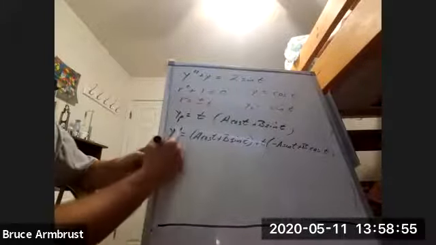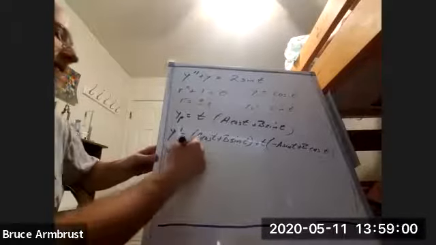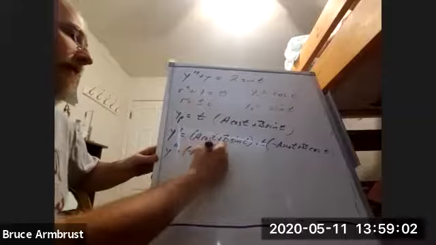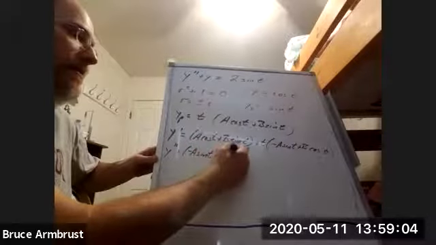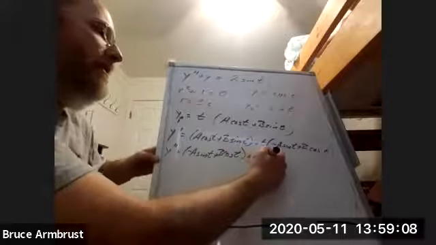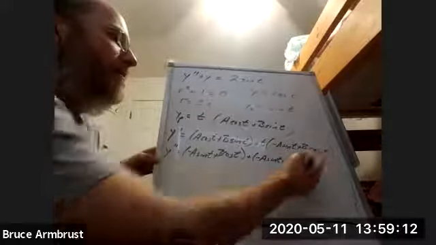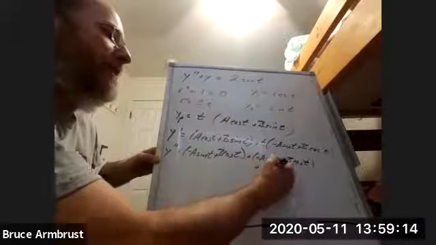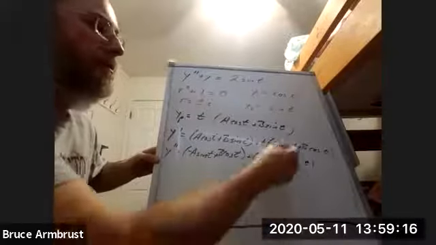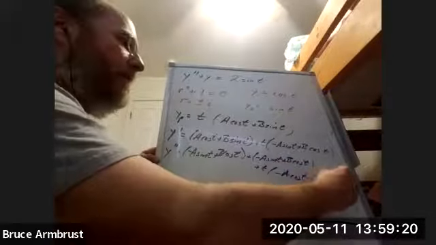And then y double prime, let's go do this again. Well, it's going to give us minus A sine plus B cosine. This piece is going to give us a minus A sine plus B cosine plus t times minus A cosine minus B sine.